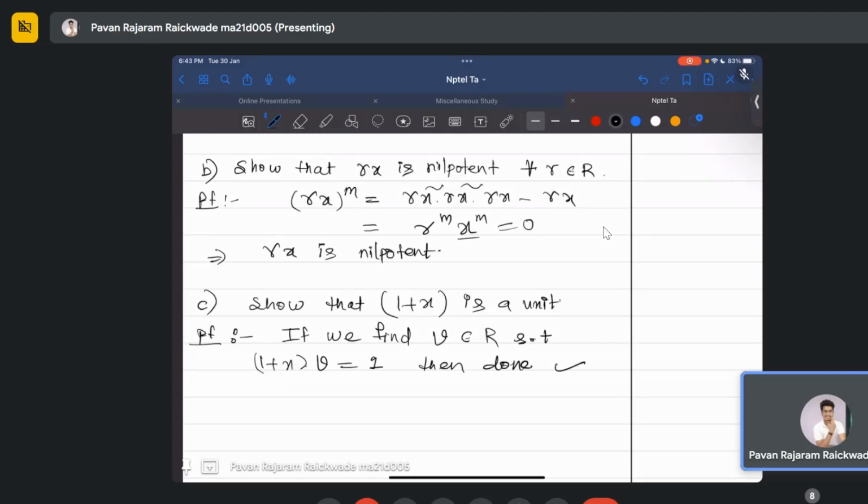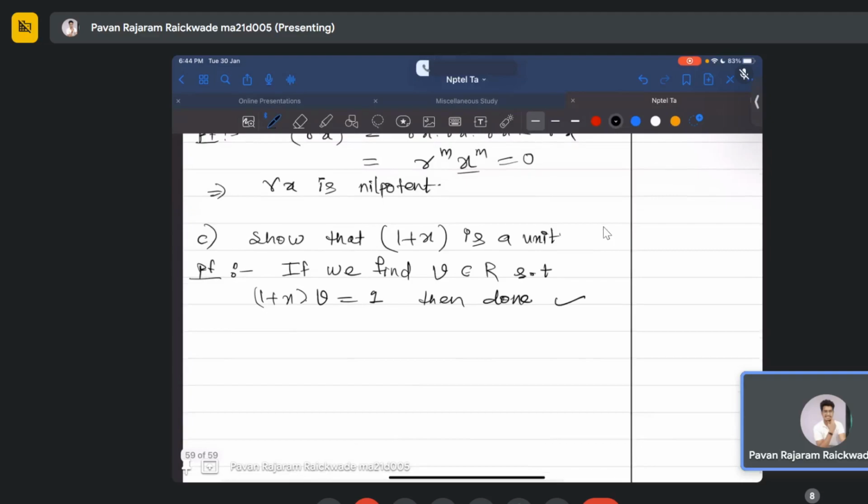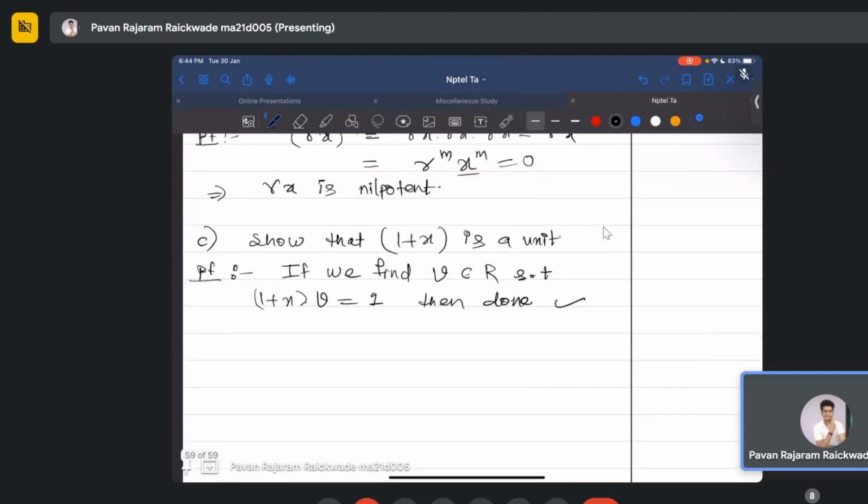Okay, so let's find that element v. So first thing is x is nilpotent, so let's say x power m is 0, right? And m is a natural number.